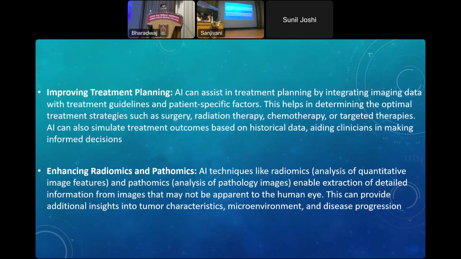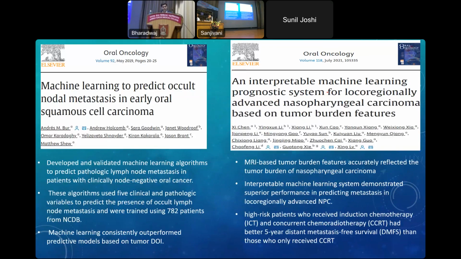It also helps in improving treatment planning and enhancing radiomics and pathomics. I would also like to give an example related to this. Machine learning to predict occult nodal metastasis in early oral squamous cell carcinoma. They developed and validated machine learning algorithms to predict pathological lymph node metastasis in patients with clinically node negative oral cancers.